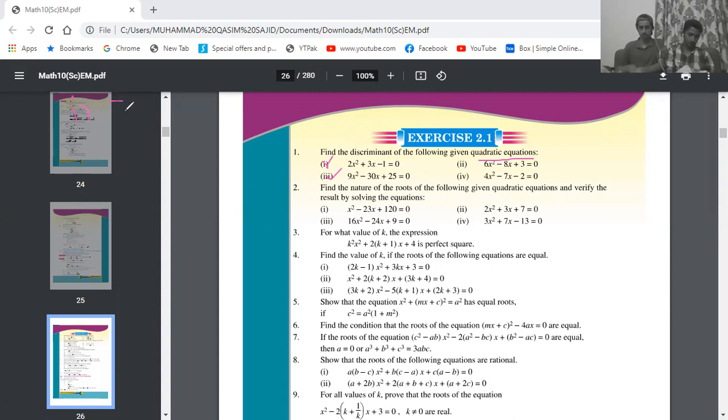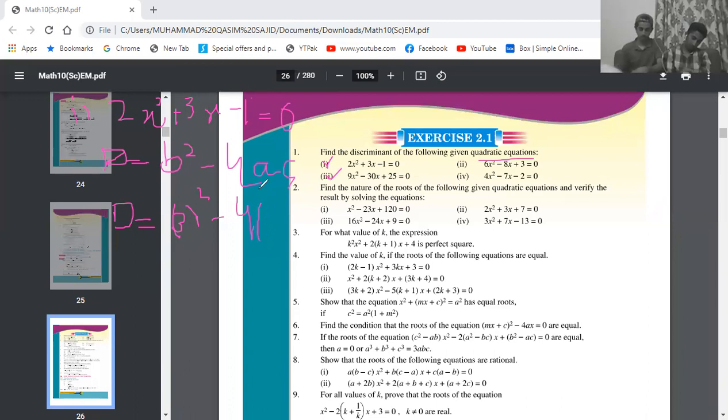So the equation is 2x square plus 3x minus 1 equals 0. So discriminant equals b square minus 4ac. So discriminant will be, the value of b is 3, whole square, minus 4.